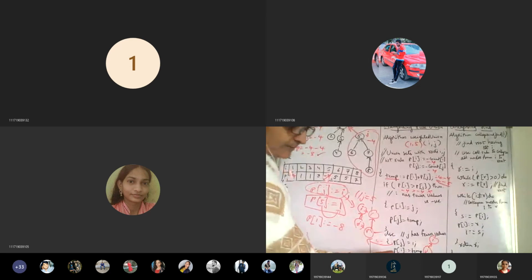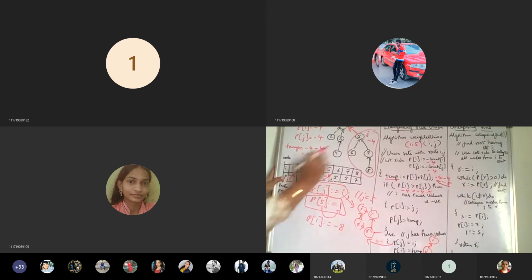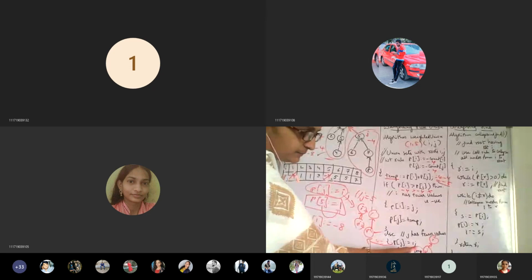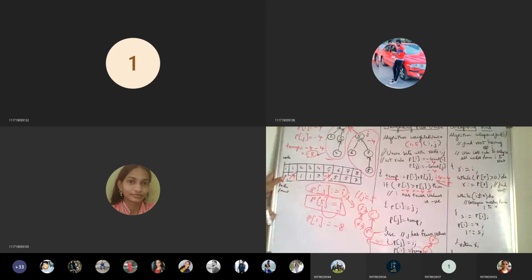So what is the next one? P of I is equal to temp, so P of 1. Earlier it was minus 4, before the union, when this itself was a disjoint set. Minus 4 means 1 is a root and its weight is 4. But when we perform the union, P of I is equal to temp, which is minus 8.